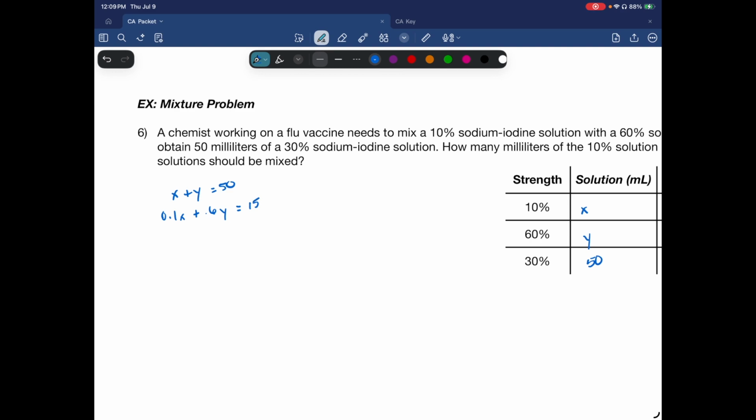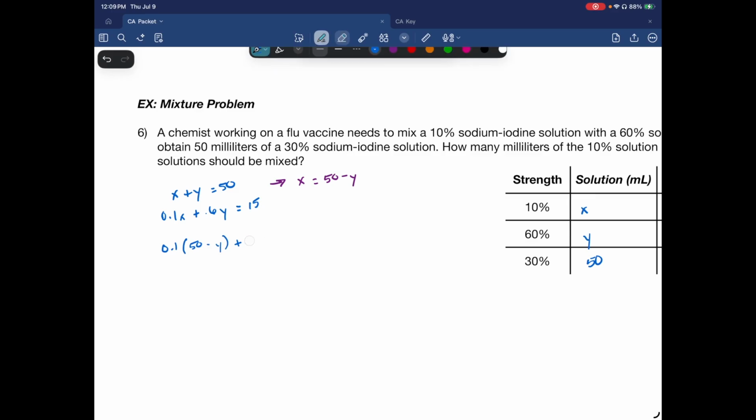Okay, so you could do substitution or elimination. I'm going to use substitution. So I'm going to solve for x. That means x equals 50 minus y. I'm going to take that and plug it into the other one. So that means I got 0.1 times 50 minus y plus 0.6y equals 15.